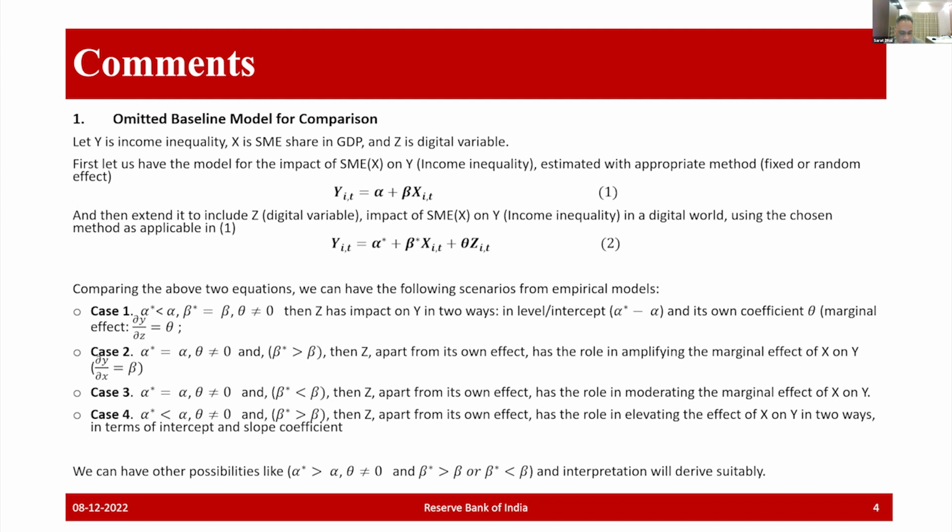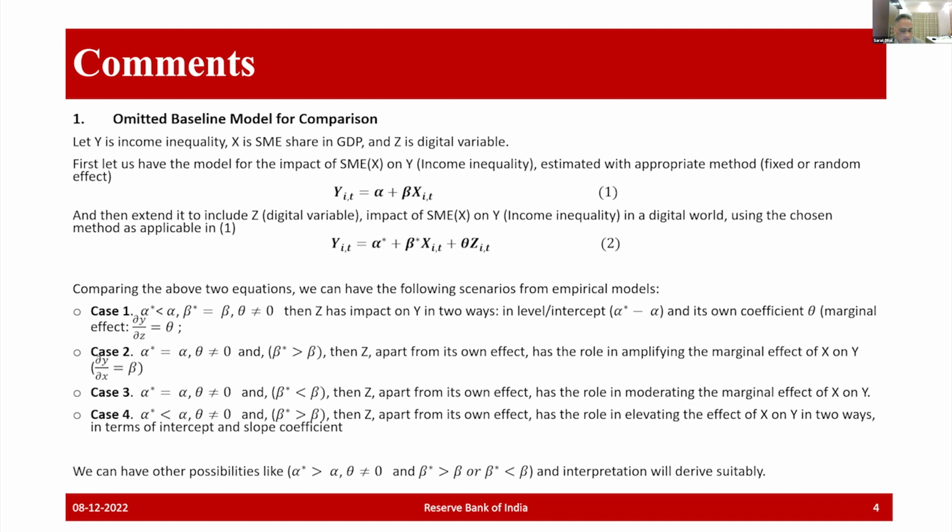A third alternative strategy, if it is what your title suggests, that digitalization induces or elevates SMEs' contribution, is one way I suggested. Another way is to include, like the previous presenter, a cross term model, SME times a digitalization indicator, in the regression, and see what parametric changes happen compared to the model without digitalization, the baseline model.